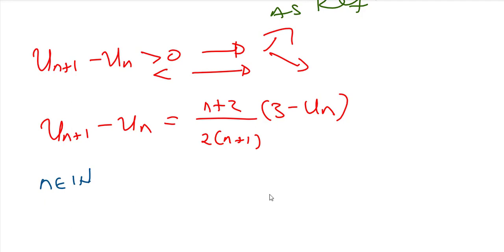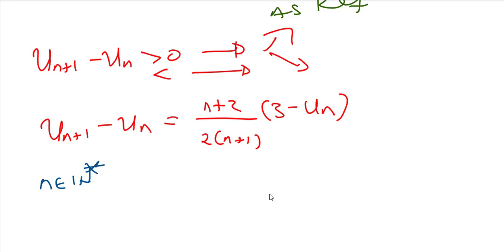So the ratio of a positive quantity divided by another positive quantity will definitely be positive. So I repeat, n is a natural number excluding 0. So if you take any natural number, 4, 10 and so on, plus 2 is going to be positive, divided by 2(n plus 1), it will still be positive.